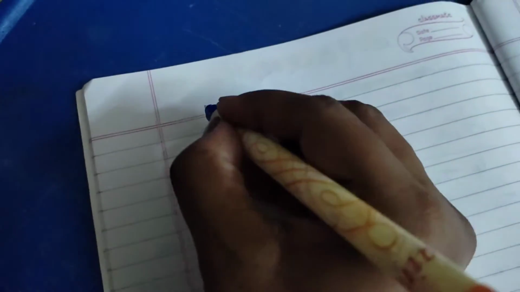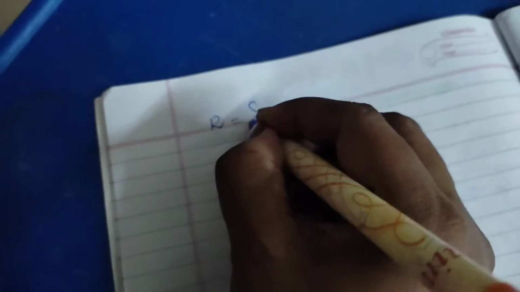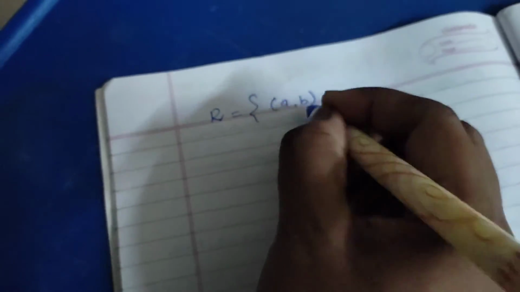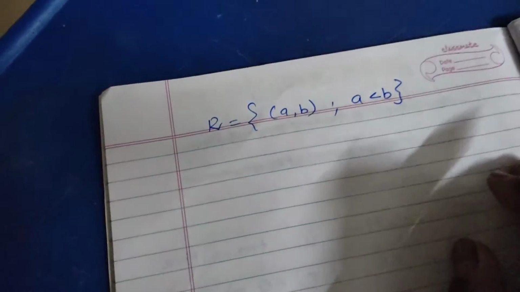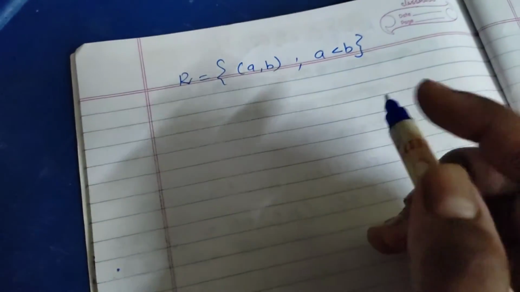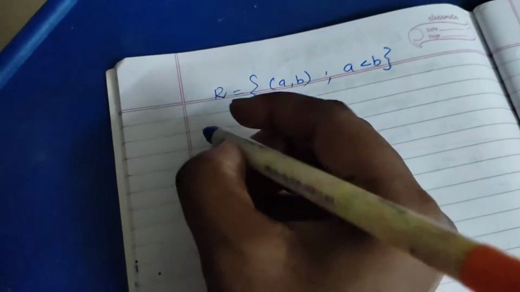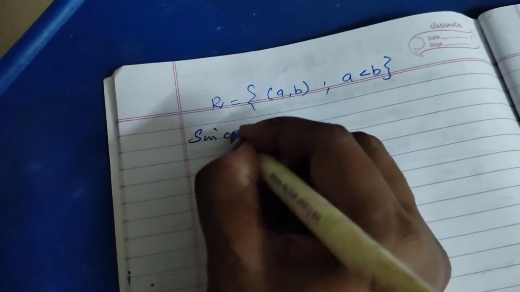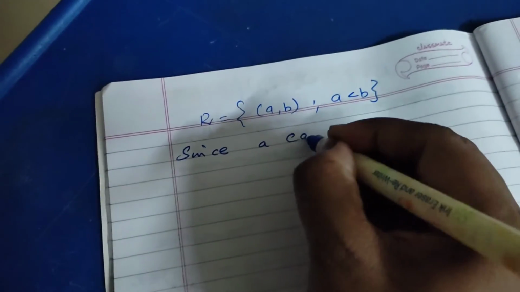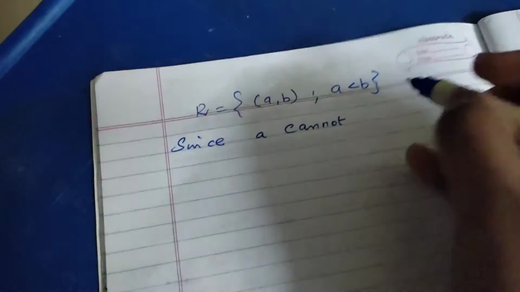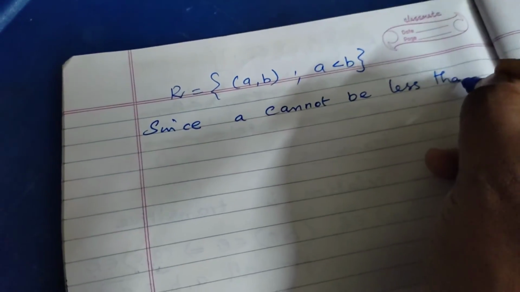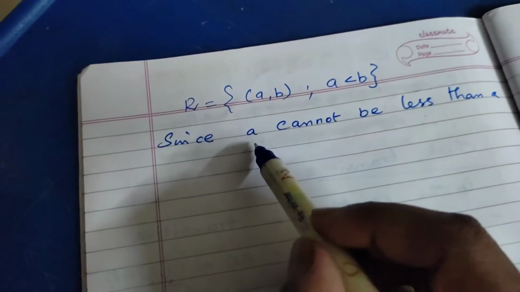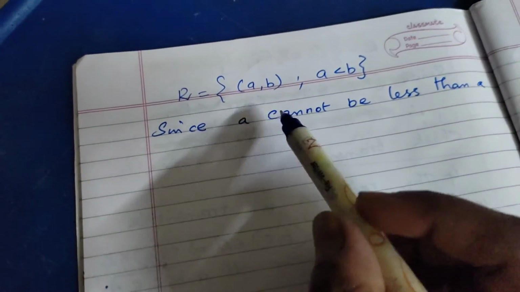Here we take the relation R equal to the set of all (a, b) such that a < b. This is the relation here. Since a cannot be less than a, the same element, we cannot say this statement.